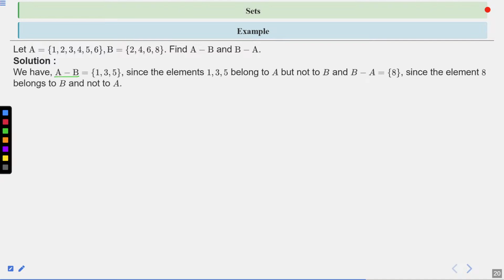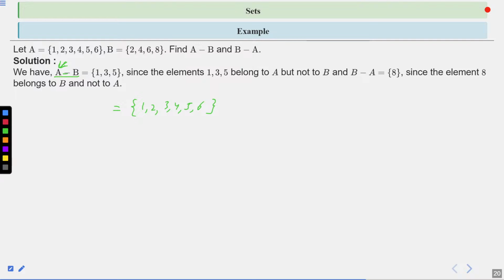In order to find the set A minus B is very simple. If you are facing any difficulty, let me know. So how are you going to find A minus B? First of all, write the set A itself. This is a very direct and simple approach to write any difference of two sets. Now we are subtracting, meaning eliminating.